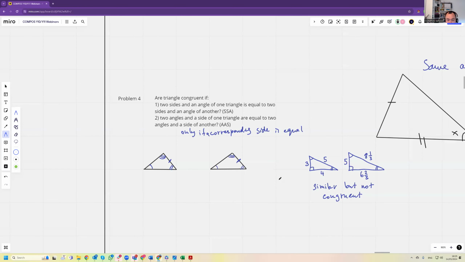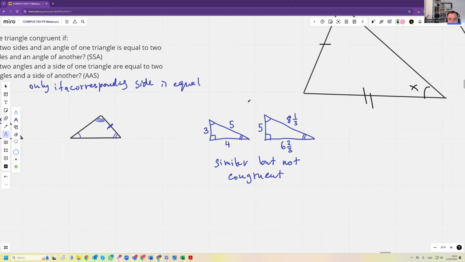Yes, if the order is the same, yes. If not corresponding... But are those triangles really equal? Because the order they are in, or the placement of the sides, different angles is different. I'm not sure what you mean.